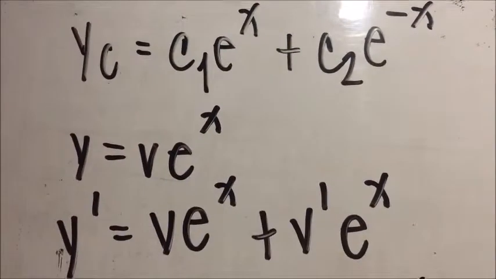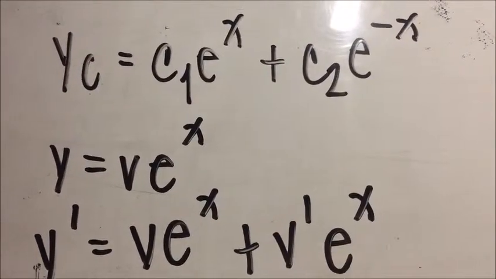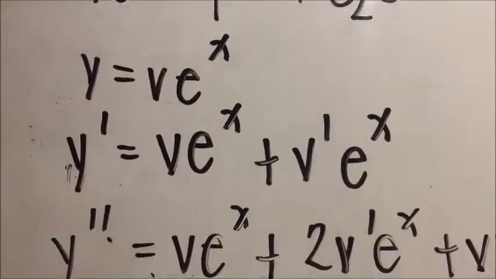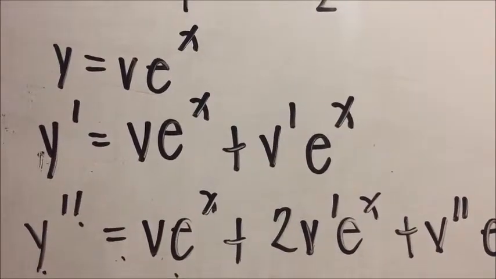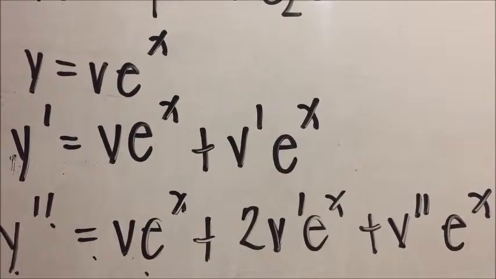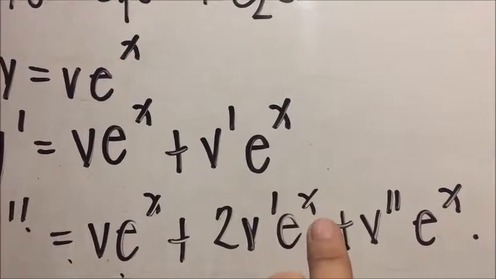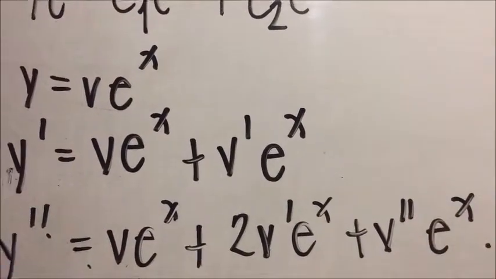Then y prime is equal to v e^x plus v prime e^x, and y double prime is equal to v e^x plus 2v prime e^x plus v double prime e^x.